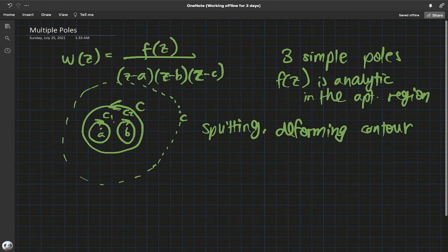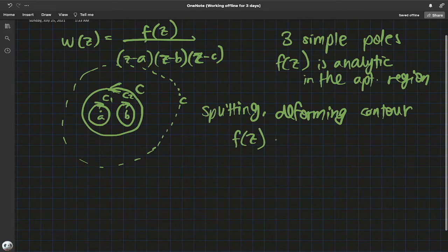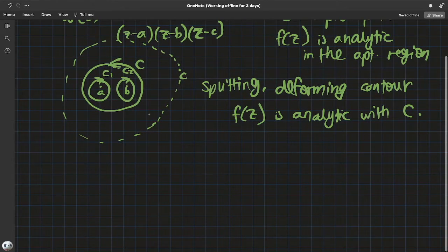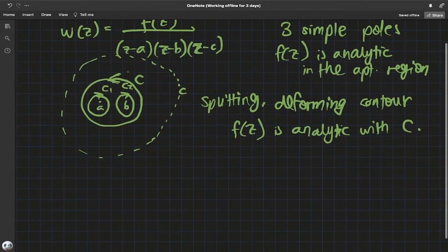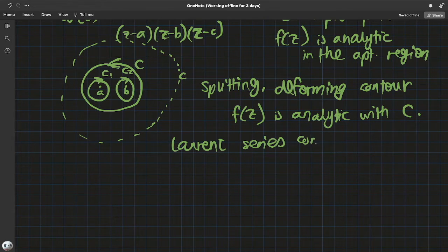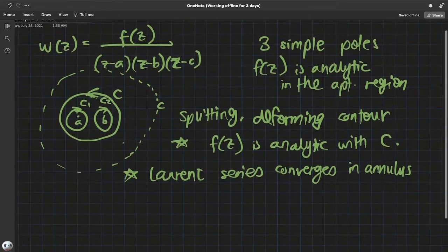So f of z is analytic within C. We don't care if it's non-analytic outside, but we want the entire thing to converge in the annulus. So the Laurent series, whatever we're going to find, converges in the annulus. I think this is a better description of our assumptions.